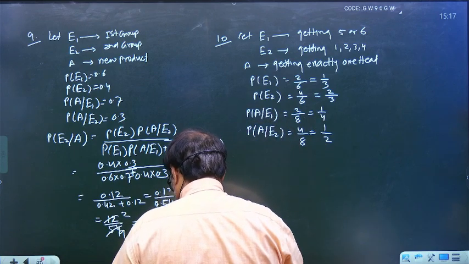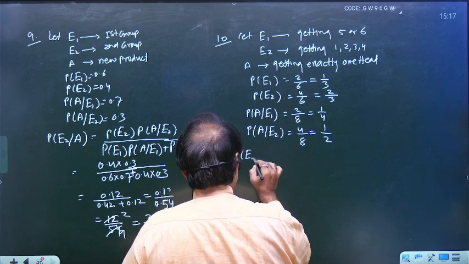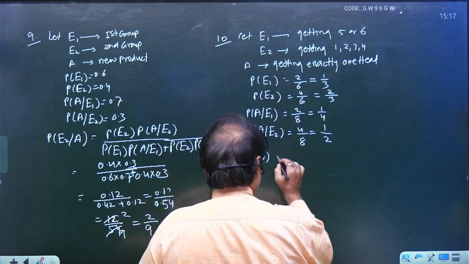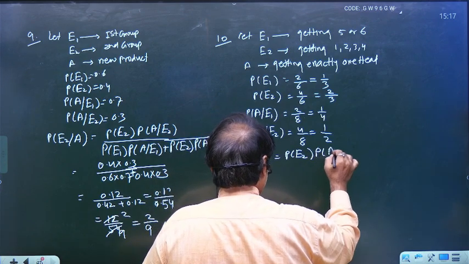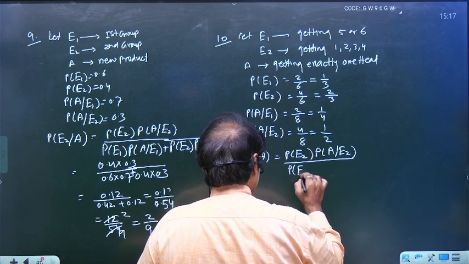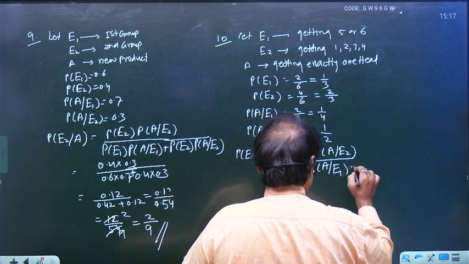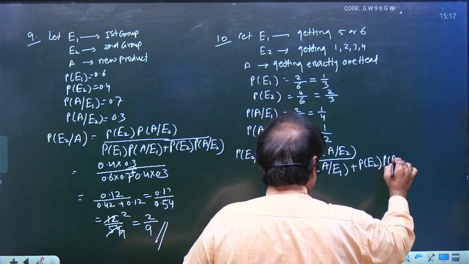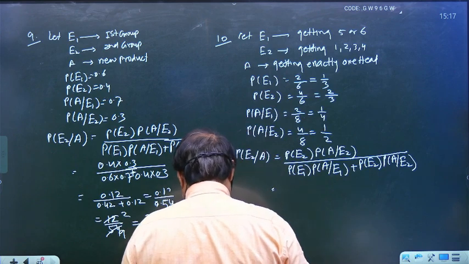And now we have to find the probability of E2 by A. So probability of E2 into probability of A by E2 upon probability of E1 into probability of A by E1 plus probability of E2 into probability of A by E2. Okay. Now put all the values.